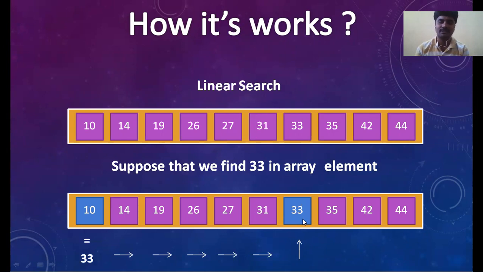This is the sorted array, and in this we have to find the value 33. How many steps do we need? 1, 2, 3, 4, 5. Five steps are required to search for the number 33 in the given array.